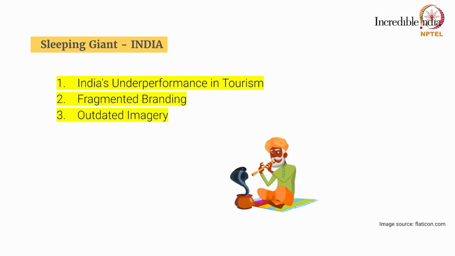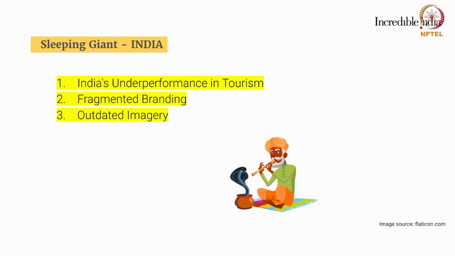Another impact was that Westerners had an outdated imagery of India, visuals of saffron sadhus or rope tricks. Some people presumed that India was a land of snake charmers.